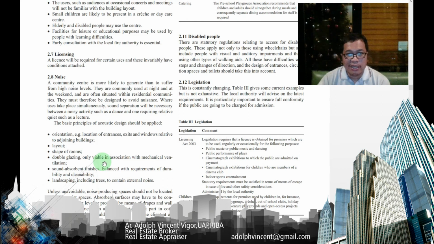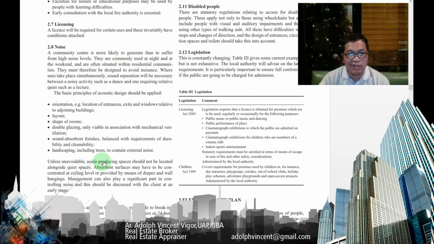So they must therefore be designed to avoid nuisance where uses take place simultaneously. Sound separation will be necessary between a noisy activity such as a dance and ones requiring relative quiet such as a lecture. So the basic principles of acoustics design should be applied, such as the orientation, location of entrances, exits, and windows relative to adjoining buildings, the layout, the shape of rooms, double glazing only available in association with mechanical ventilation, sound absorbent finishes, and landscaping including trees to contain external noise.